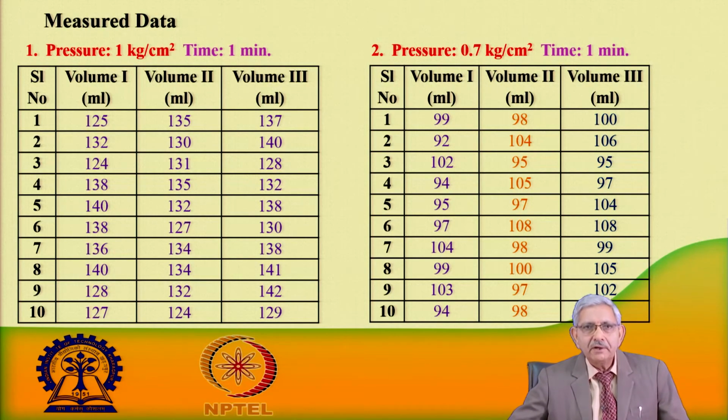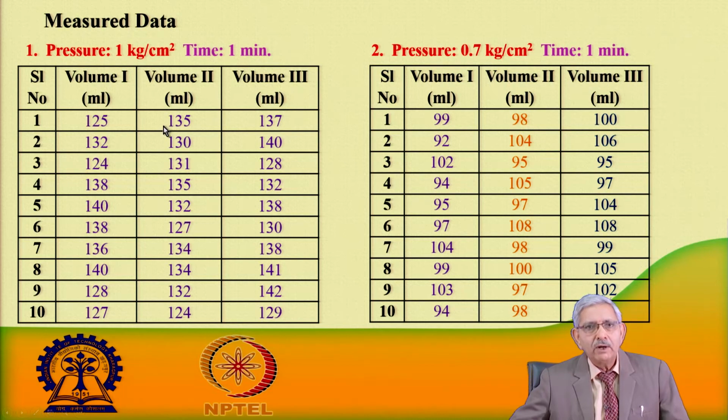Now, for the data collected at 1 kg per square centimeter, the time of observation was 1 minute. There were 10 drippers, and observations were taken for these 10 drippers and repeated 3 times.